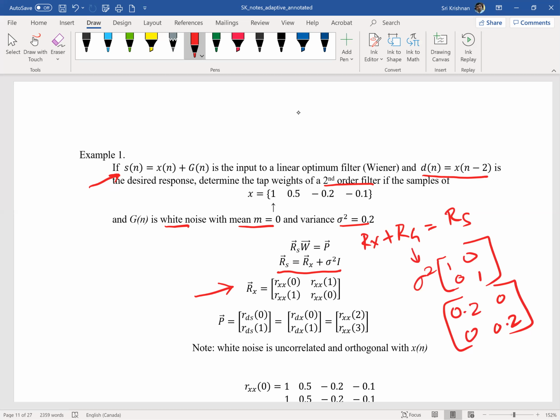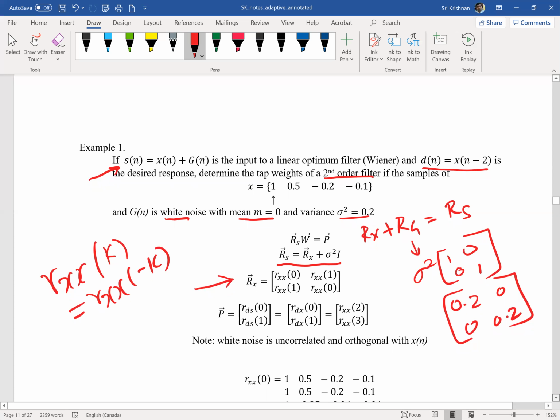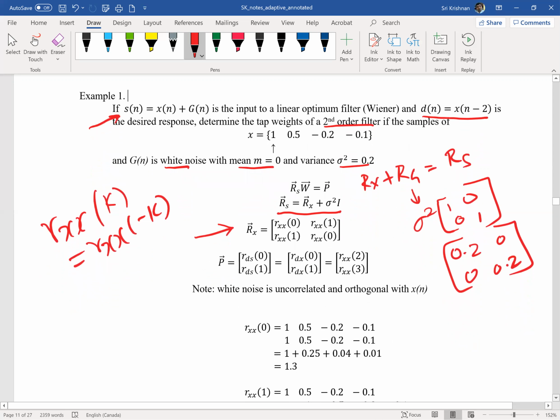So because Rxx(k) is equal to Rxx(-k), we can easily put Rxx(-1) to be Rxx(1) as well. So just to recap, Rxx(k) equals Rxx(-k) for autocorrelation sequences. So this R matrix is as shown there.